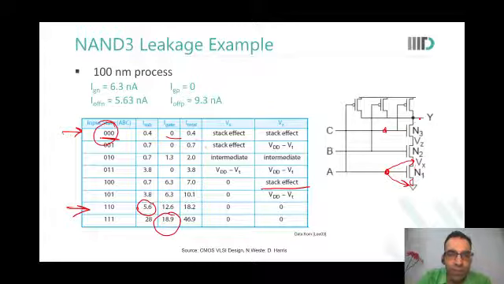When inputs are 1 0 0, let us say the fifth row, A is 1. A is 1 means Vx is equal to 0. Now what happens to Vz? Vz can't be 0, so there will be some stack effect. Okay. Now let us look at the 101 case.